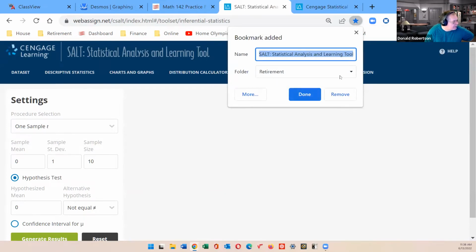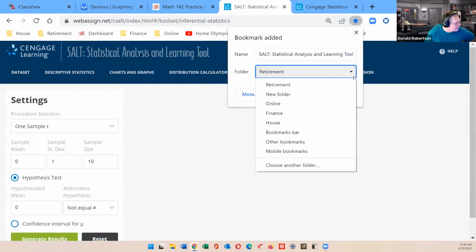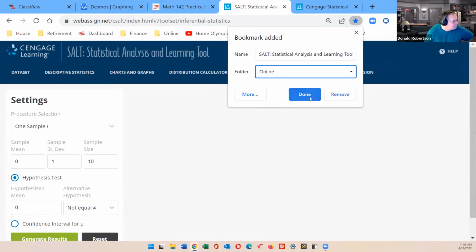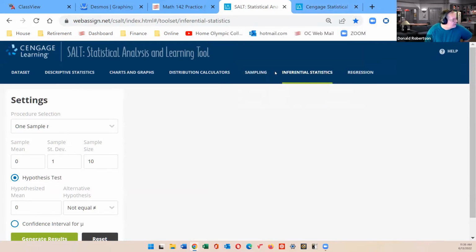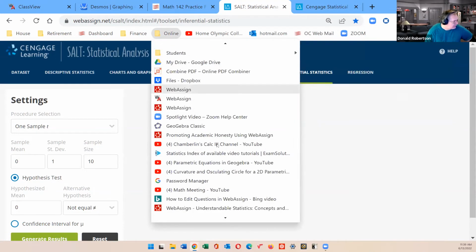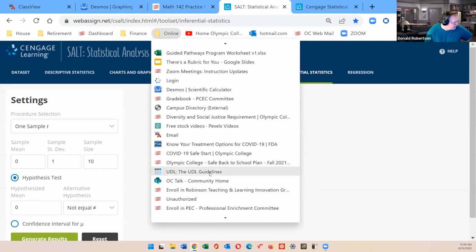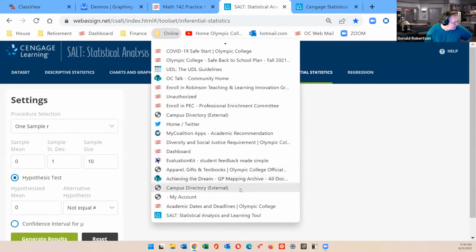Well, not putting it there. That's all the stuff I put for retiring. What other folders can I have? Online's a good folder. I'll put it in there. Right, so if this works, I should be able to go here and click on that.